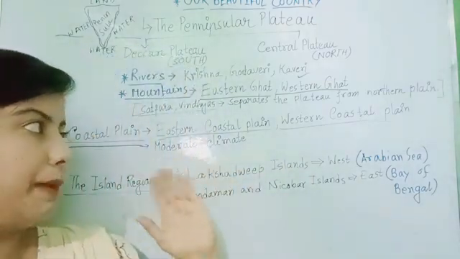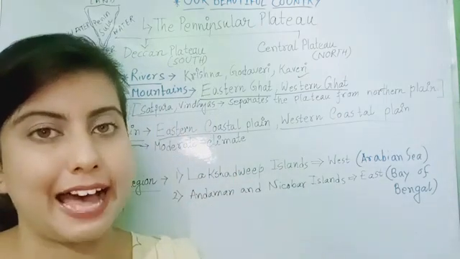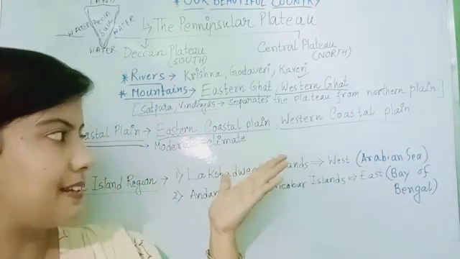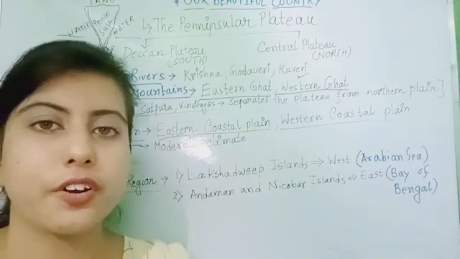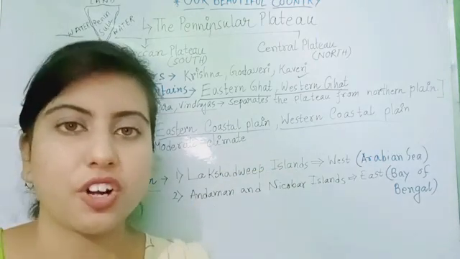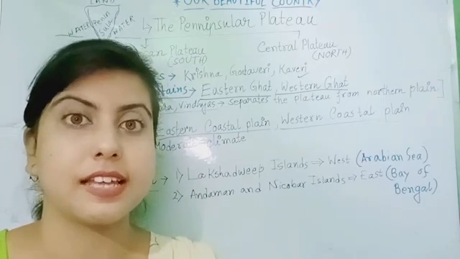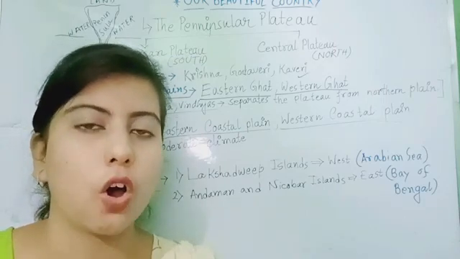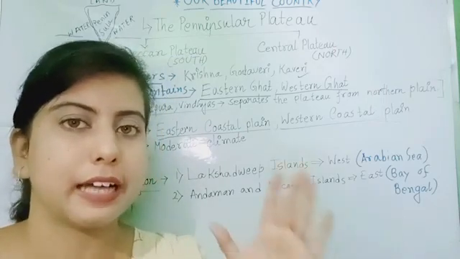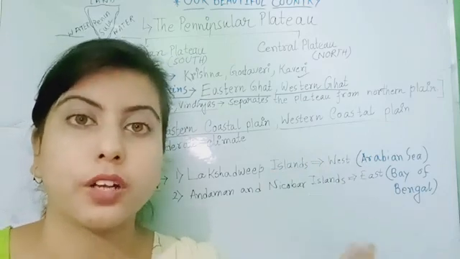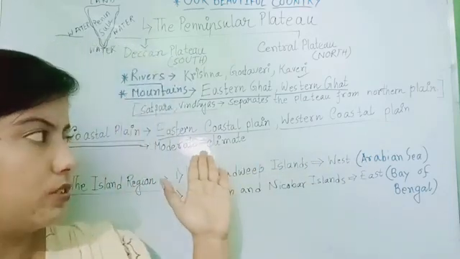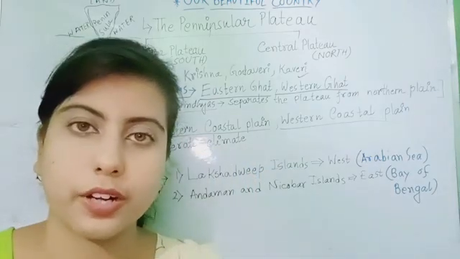Now, the main feature of this land is that it has a moderate climate. That means the climate is neither too hot nor too cold. Now, why is the climate moderate?